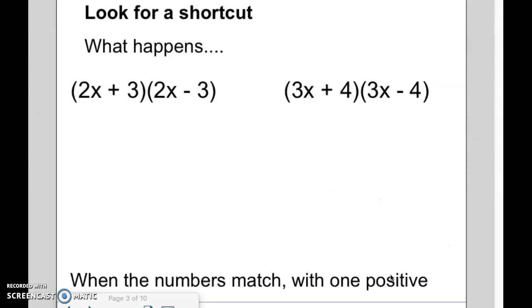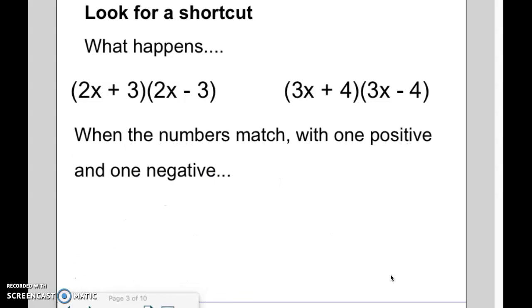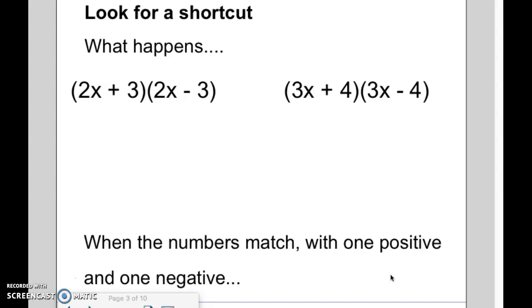All right, I want you to not write and just think and see if you can figure out what a shortcut might be when we multiply things. And what we're looking at is when the numbers match, but one is positive and one is negative. Let's see what happens. And I want you to maybe finish this sentence after you see my pattern. If I take my first terms, I get 4x squared.